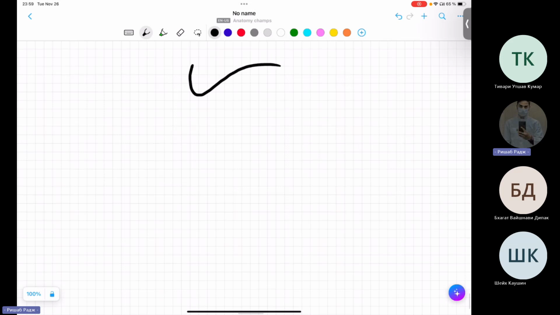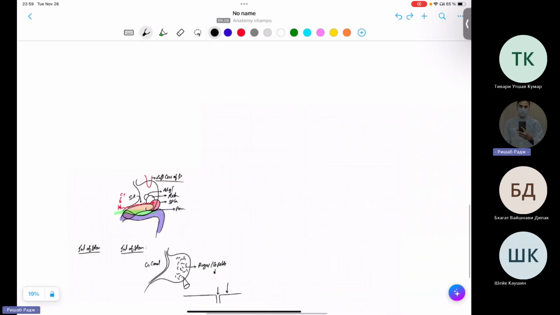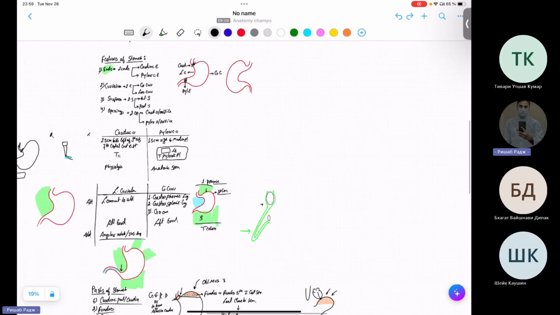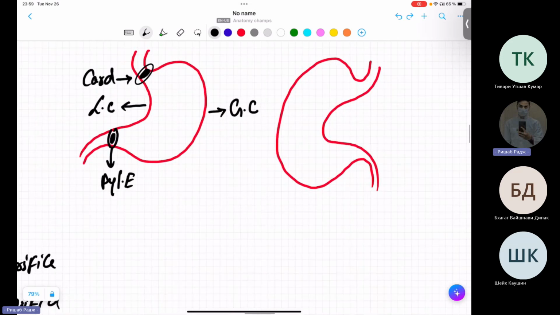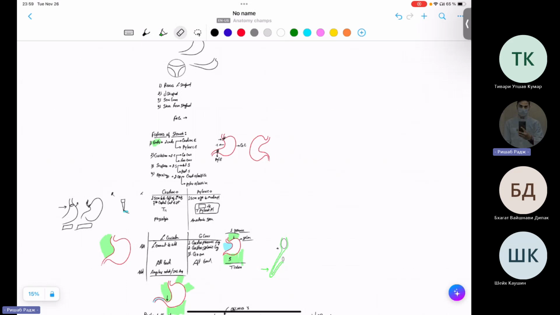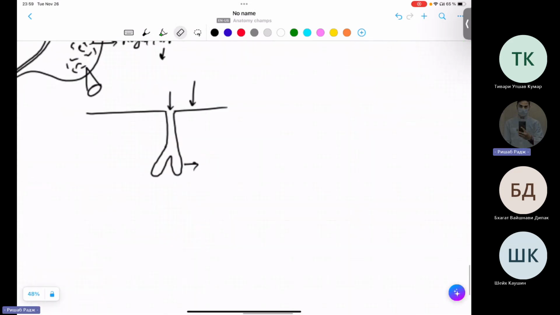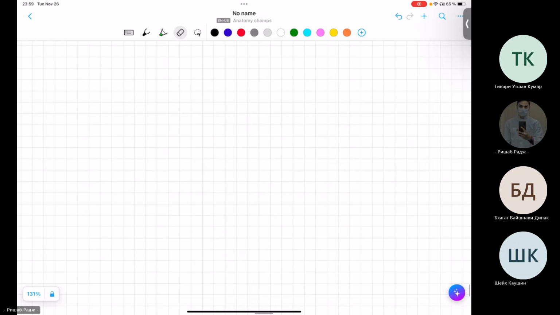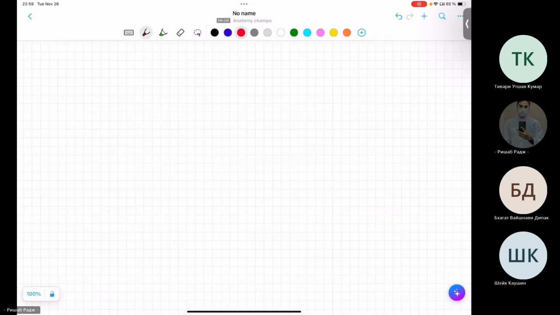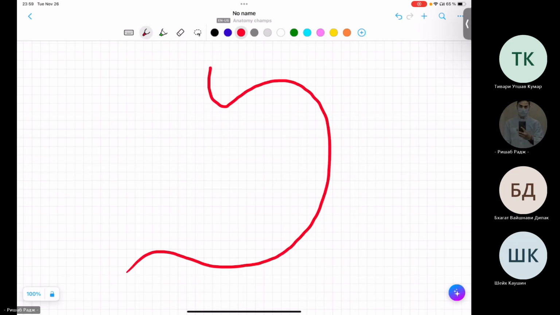Let's draw it. If this is your stomach, let's take our stomach from this one. And a beautiful stomach. Do you remember the blood supply of the stomach?